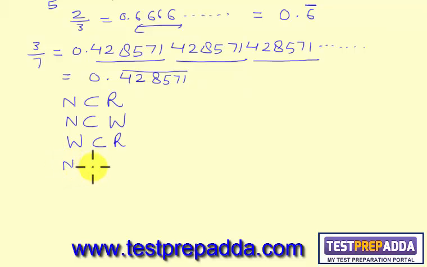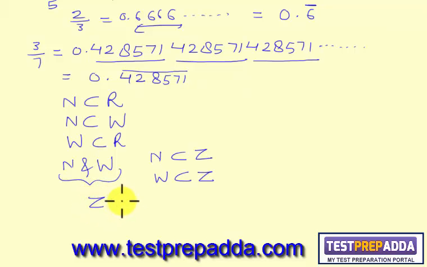N and W, natural numbers and whole numbers, both we can say subset of integers, and set of integers, it is a subset of real numbers.